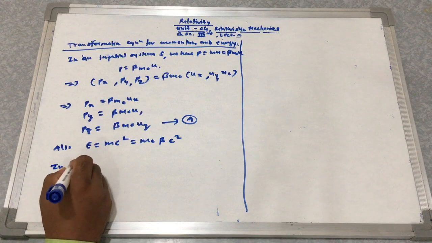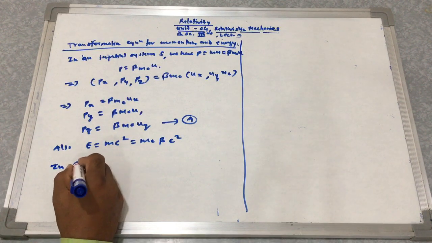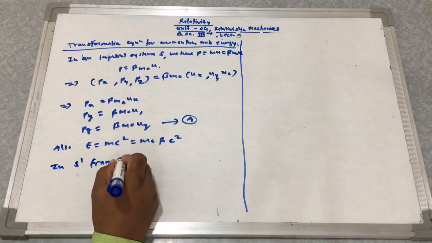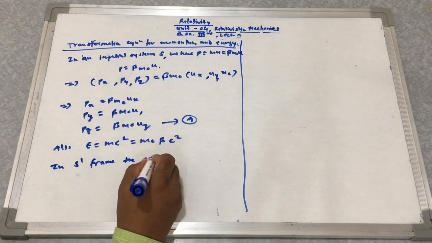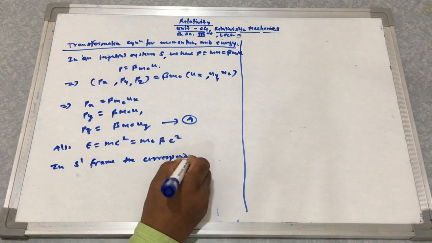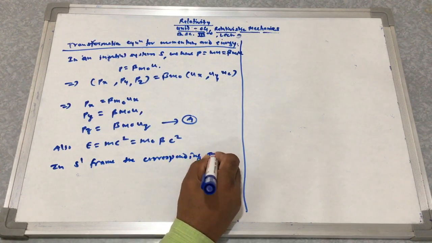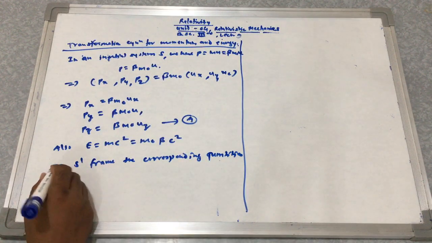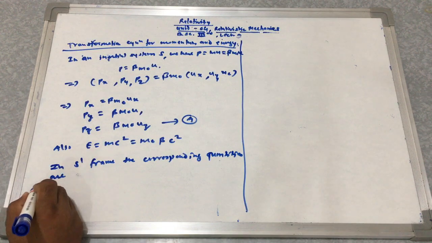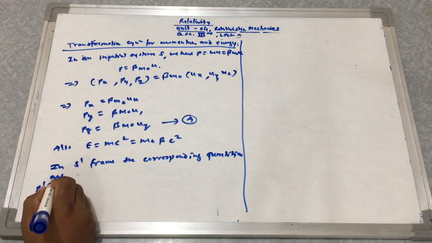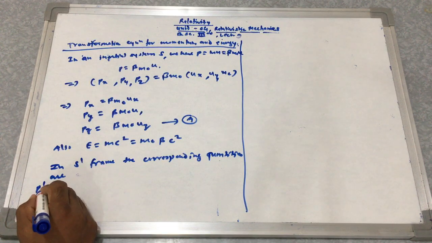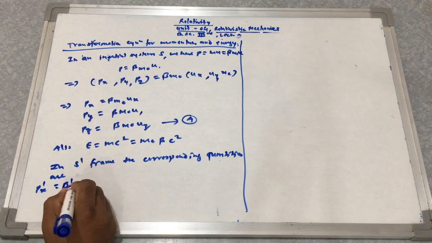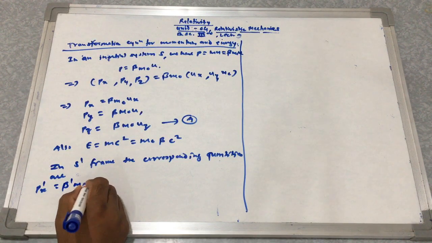So in S dash, that is the frame S dash, the corresponding quantities are: Px dash is equal to beta dash into m0 into ux dash.